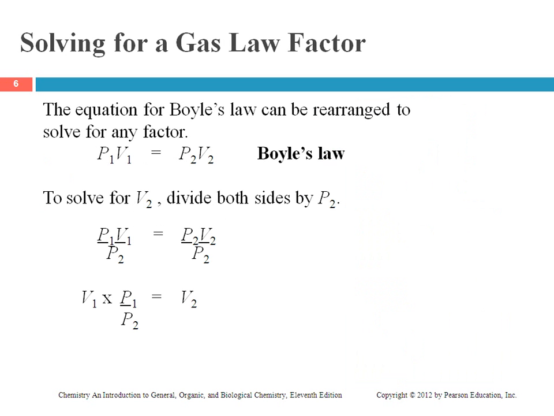Our equation for Boyle's law is P1V1 equals P2V2. We can rearrange this equation and solve for any of the 4 variables as long as we have the other 3. If we were looking for V2, it's a simple rearrangement: divide both sides by P2 to solve for V2.